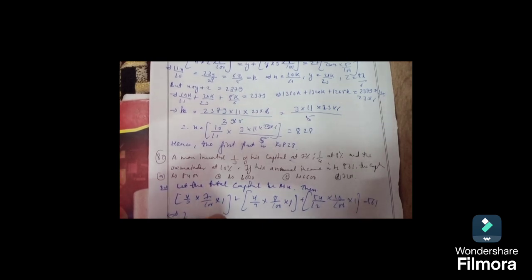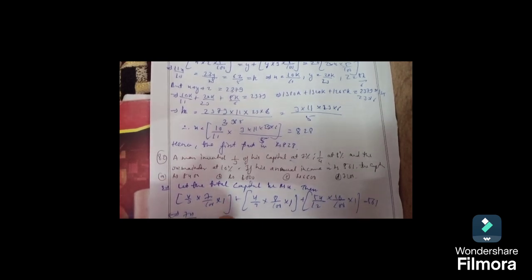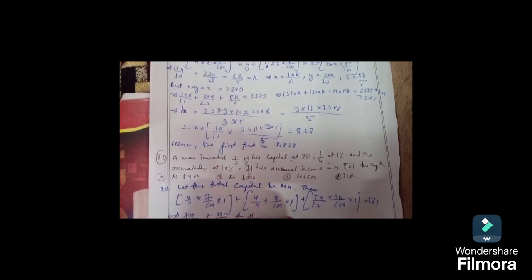So 7x upon 300 plus x upon 50 plus x upon 24 equals 561.